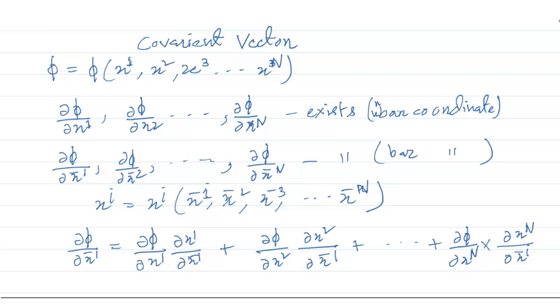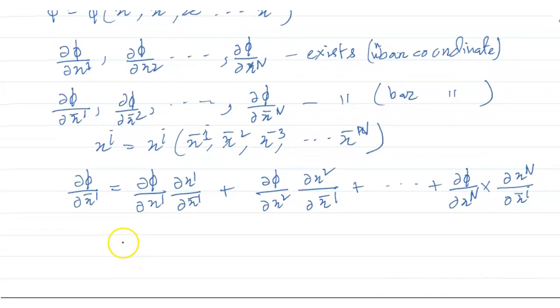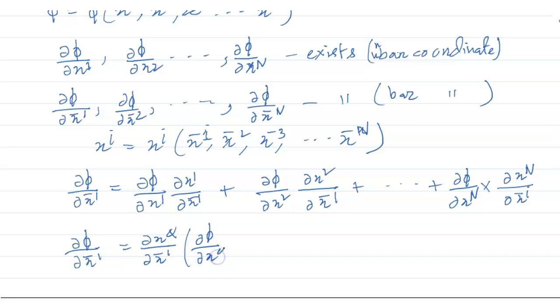So friends, it can be written this way: del phi divided by del x bar i is equal to del x to the power alpha divided by del x bar to the power i into del phi divided by del x to the power alpha.